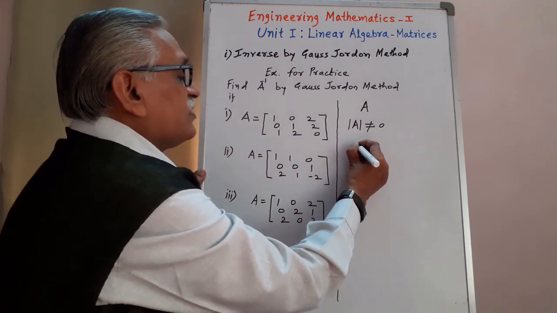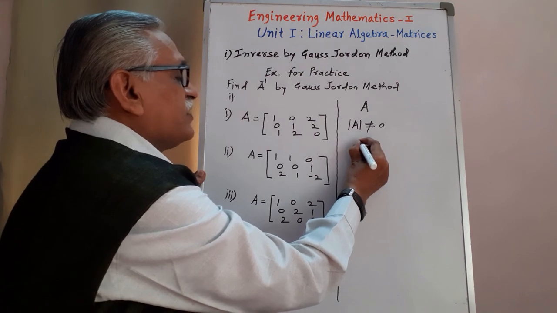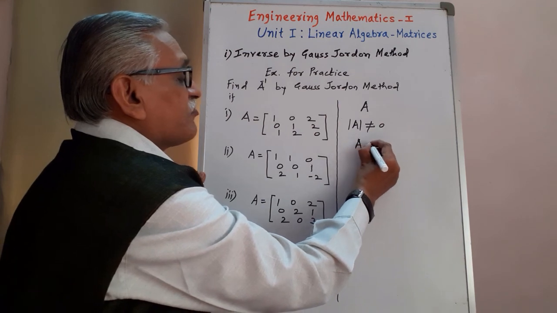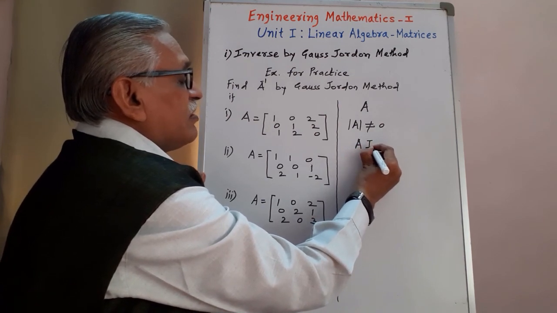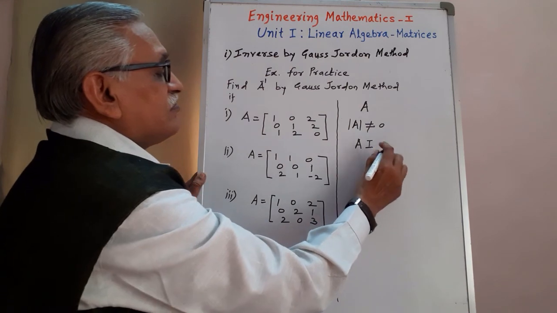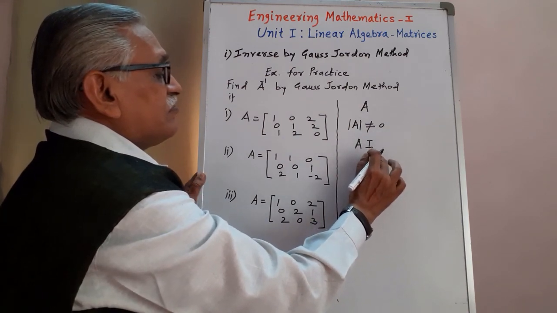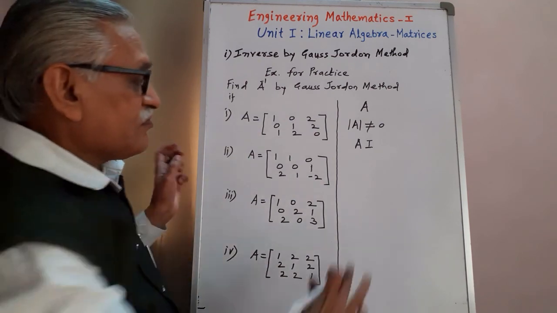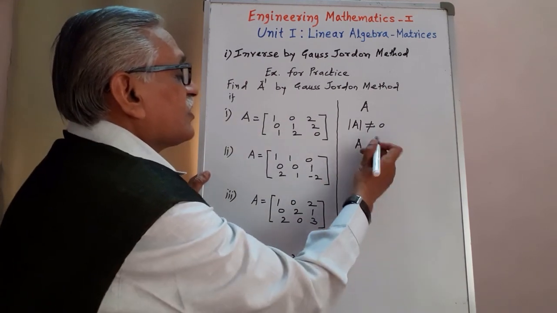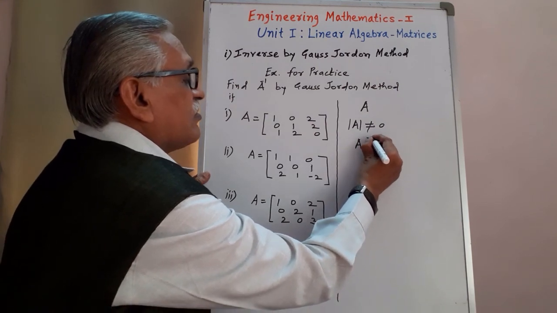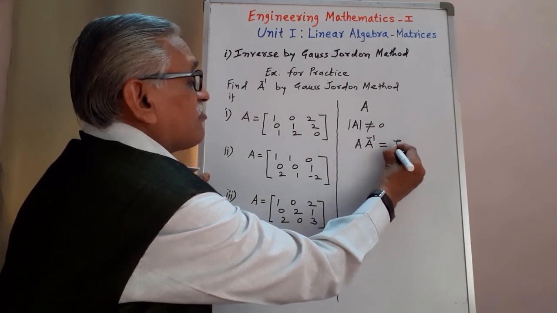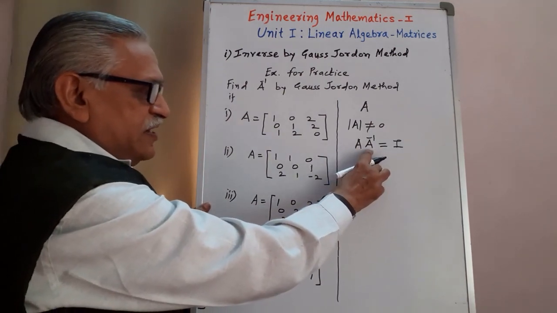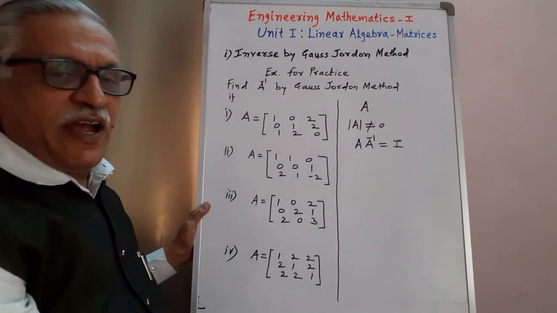Here we take the help of this property: a given matrix A multiplied by the inverse matrix is equal to the identity matrix.